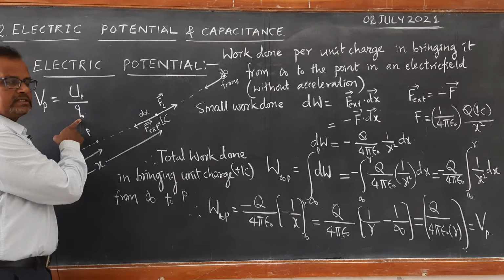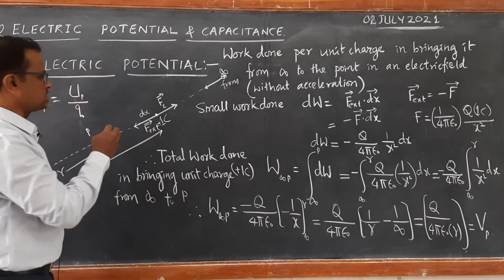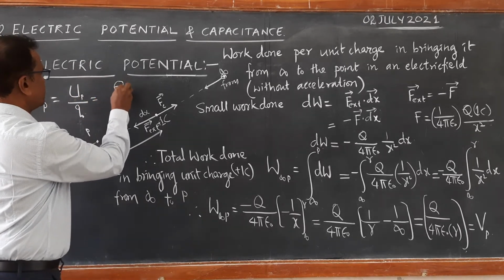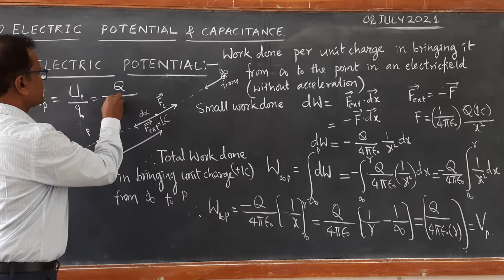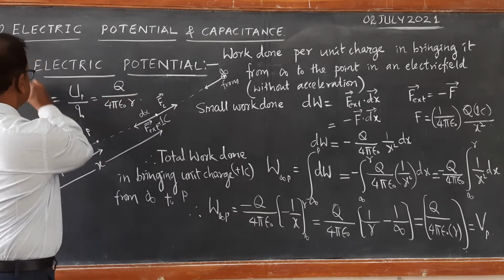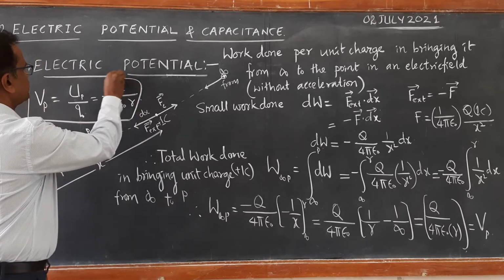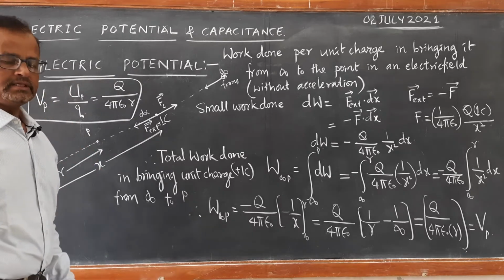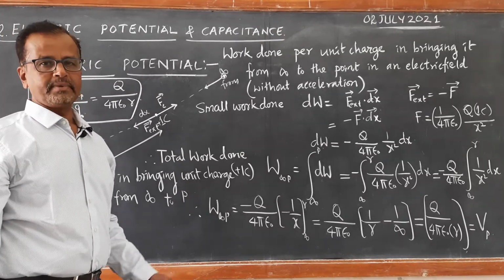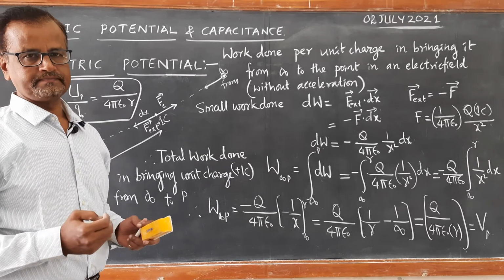So q naught is in the denominator, q naught cancels. So you are left with q upon 4 pi epsilon naught r. So this is how we get potential at a point, which is nothing but potential energy per unit charge.